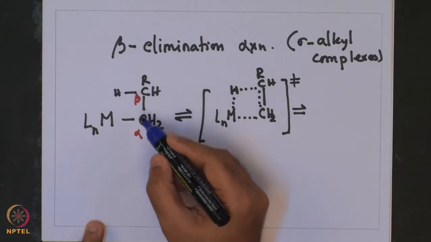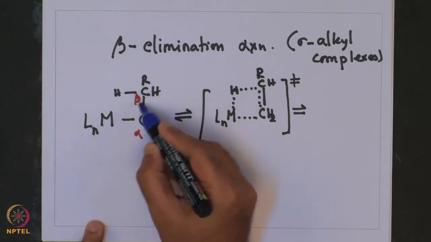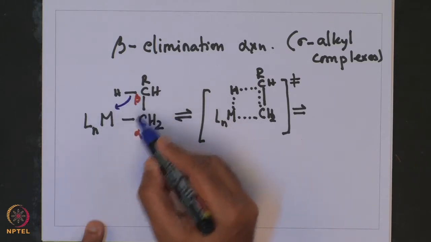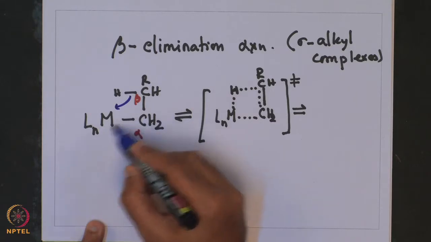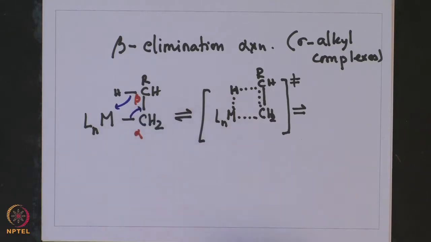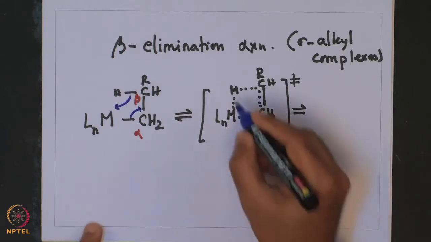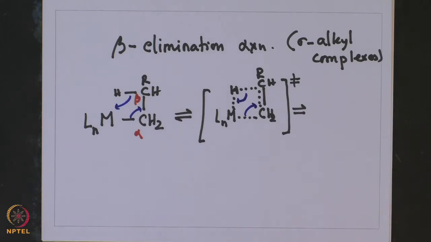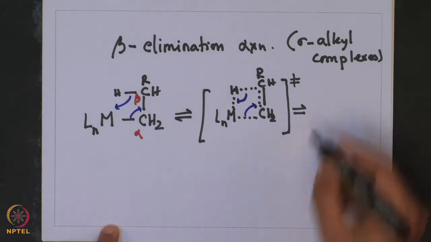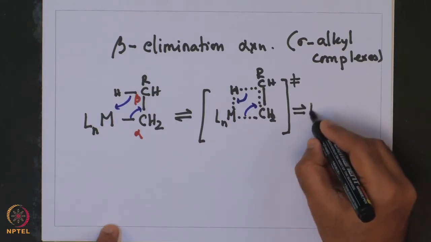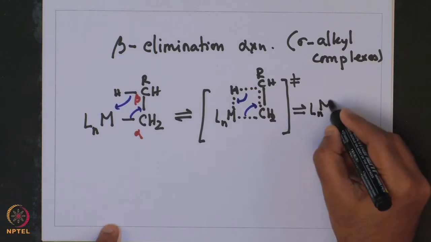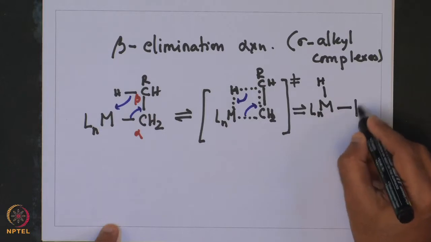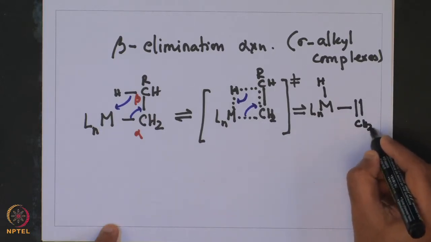So, this beta elimination results in migration of this beta hydrogen from the beta carbon onto the metal, and the cleavage of this metal-carbon bond leading to an olefin, which happens in a concerted pathway resulting in a metal hydride and a coordinated olefin.